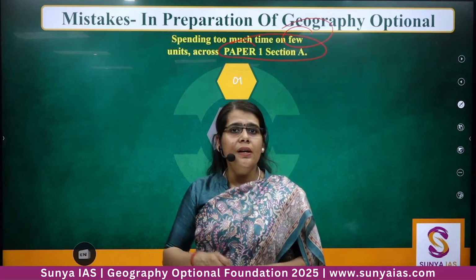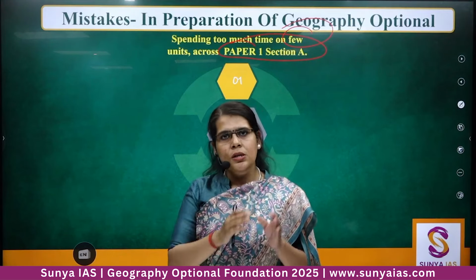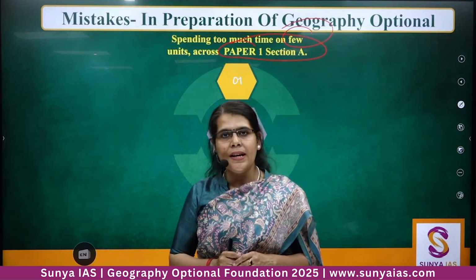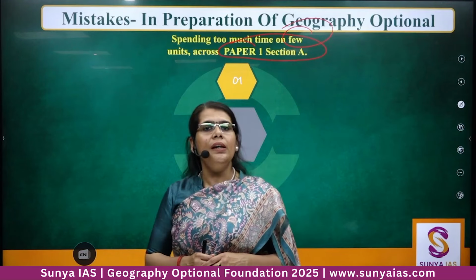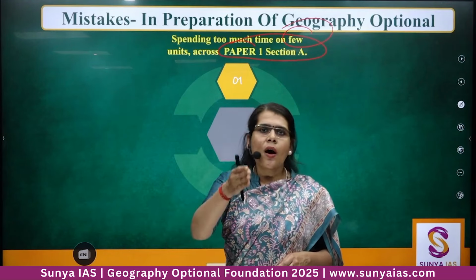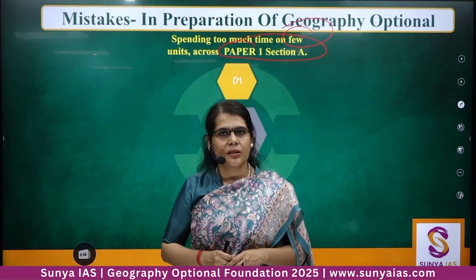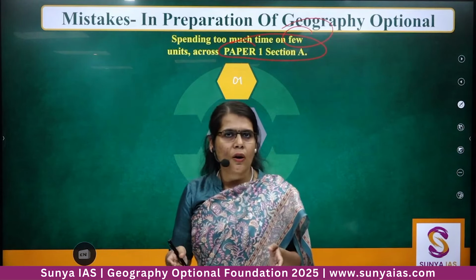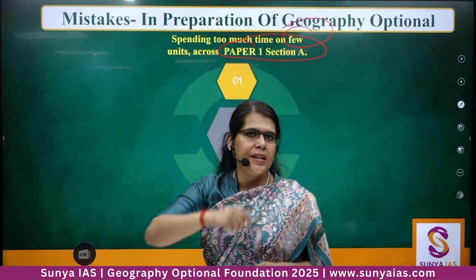That would mean a disproportionate amount of time is spent across only a few units, whereas the other units are left like that. That would mean you are not able to attempt these questions in the mains examination, and hence you score lesser marks on average, that is around 180 to 210.